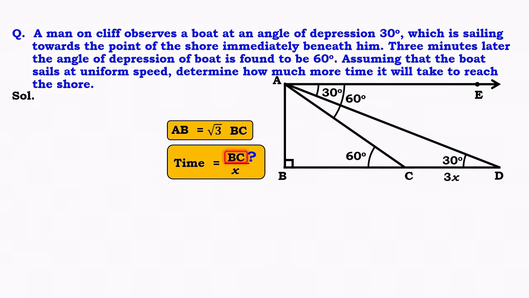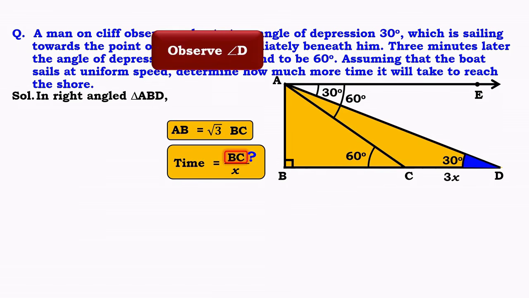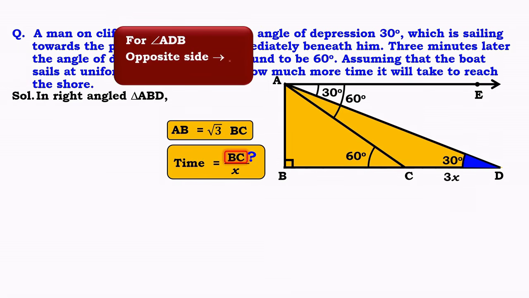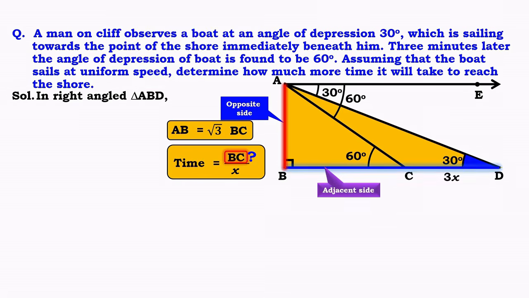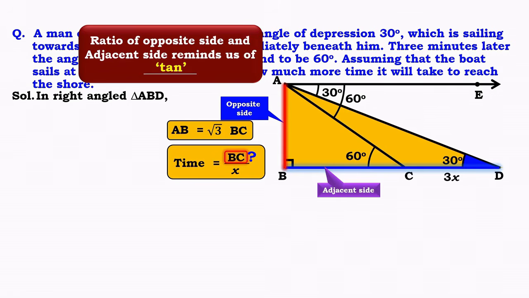For angle ADB, the opposite side is AB, and the adjacent side is BD. The ratio of the opposite side to the adjacent side reminds us of tangent.